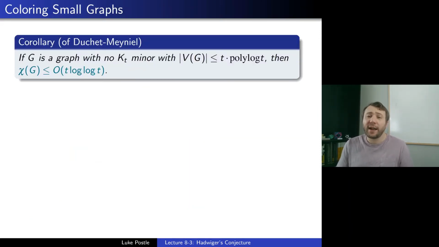For this, I can explain it in a few slides. A corollary of the Duchet and Meyniel result is that if G is a graph with no K_t minor, and the number of vertices is something like t polylog t, then chi is at most t log t. Why? Because you can just pull out these large independent sets as colors.